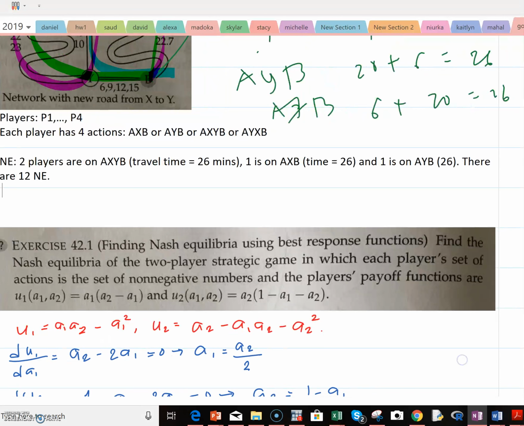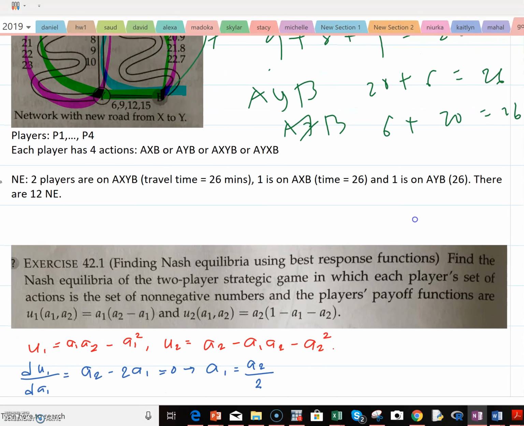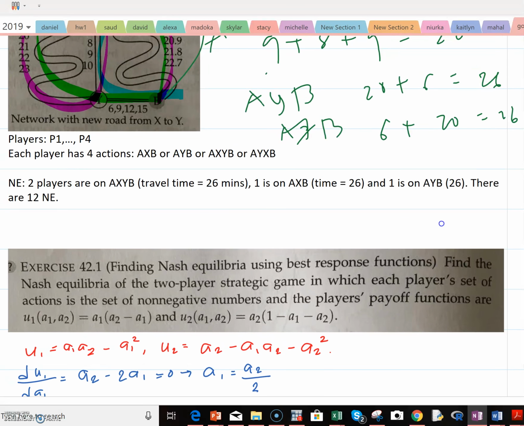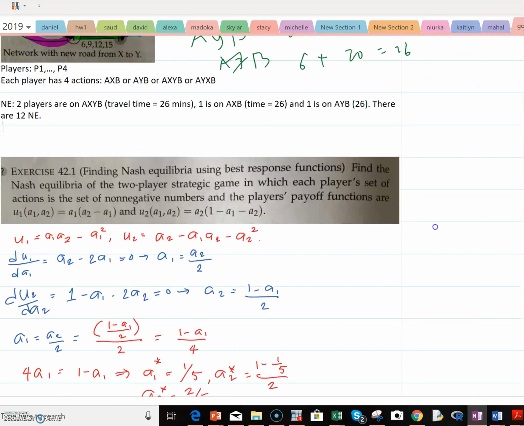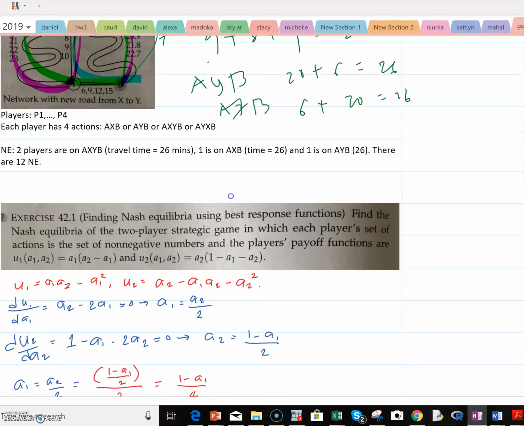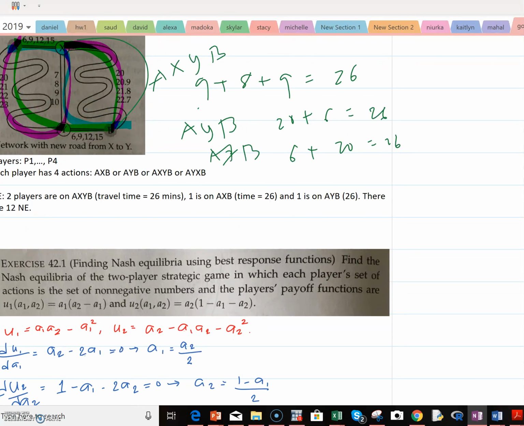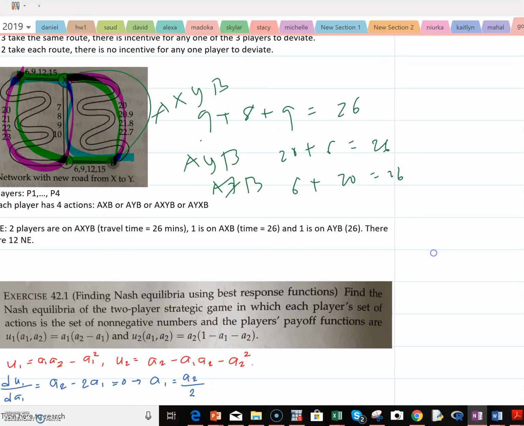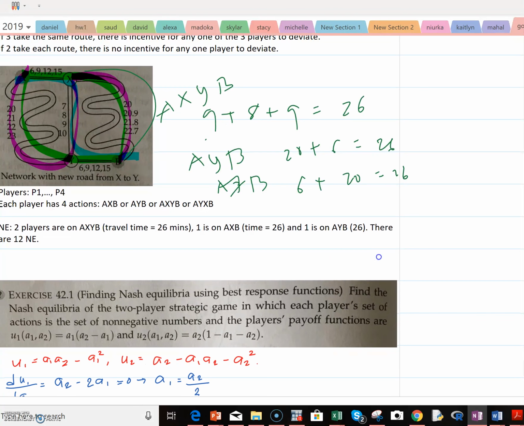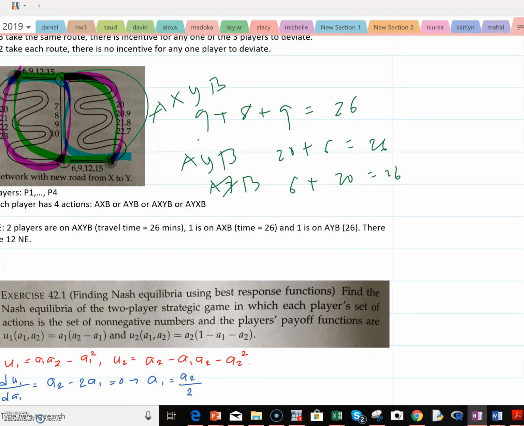You can list all the possible configurations, and there should be 12 of them, such that 2 are on AXYB, one is on AXB and one is on AYB.